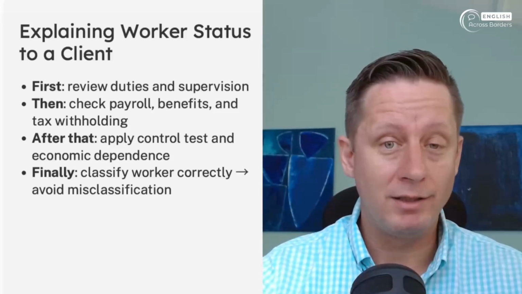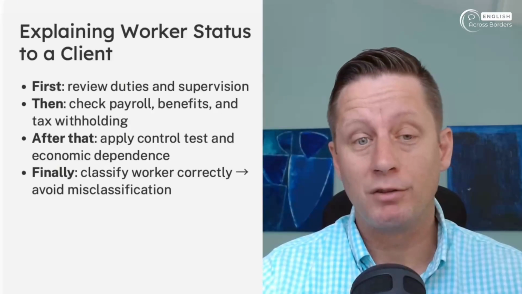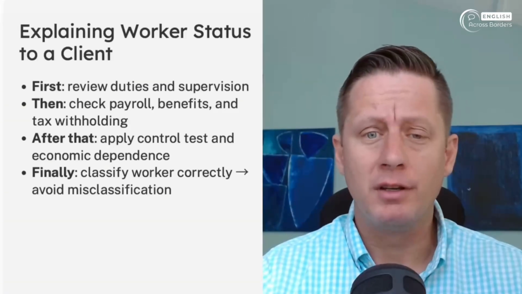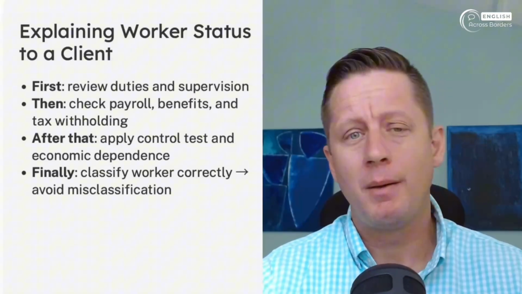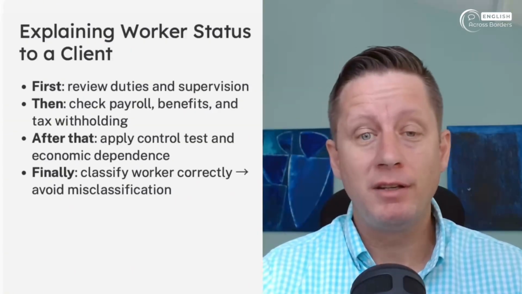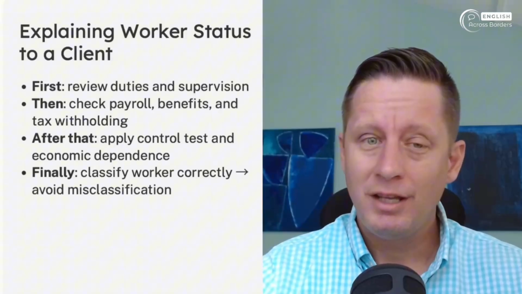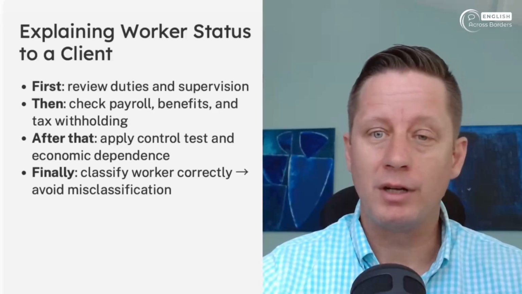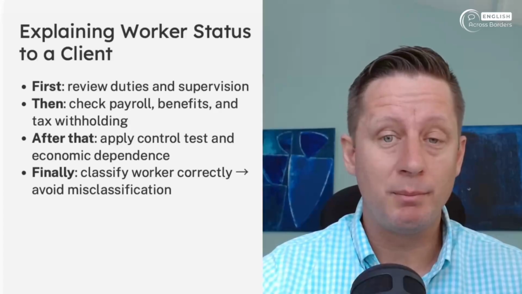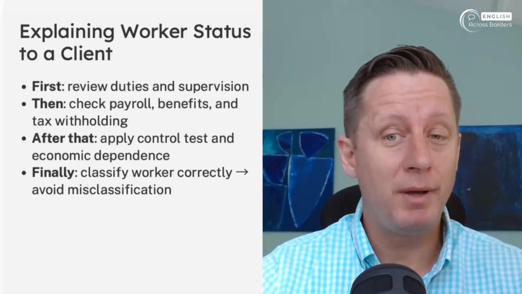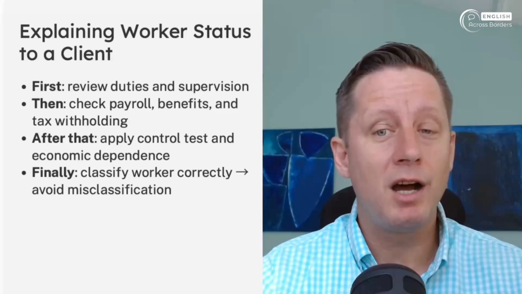So finally, we must classify her correctly. If you misclassify her as a contractor, the company may face fines, back pay, and liability for missed benefits. The owner nods and says, so, if she's working long term under our direction, she is an employee. But if she was doing a short project independently, she could be a contractor.